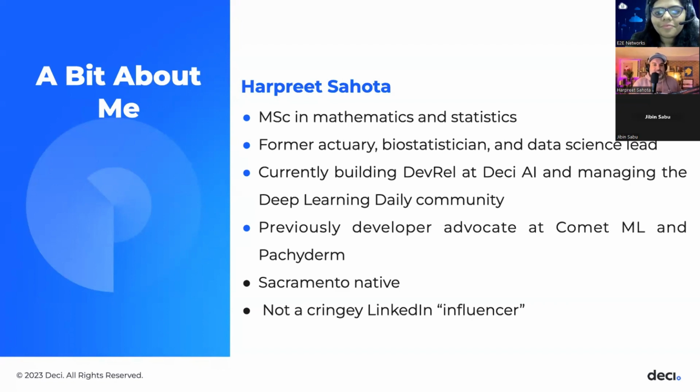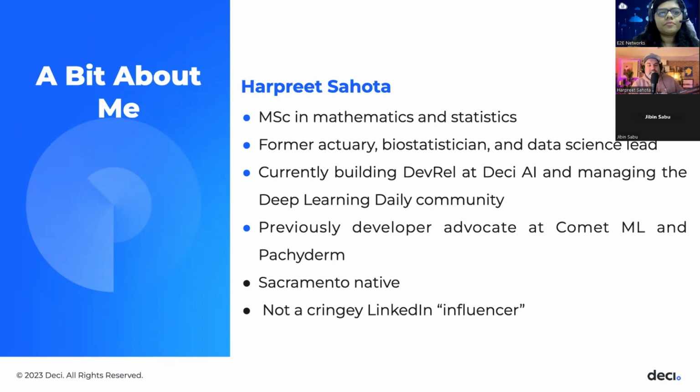Worked as a biostatistician before moving into more traditional data science. Built 2 data science teams from the ground up. And then about 2.5 years ago, moved into developer relations, which is a nice blend between product engineering, marketing, and content creation. I enjoy it. Tough role though, probably one of the most difficult roles in tech.